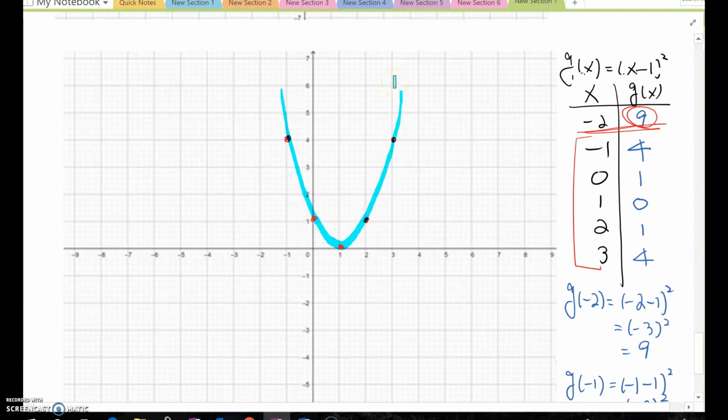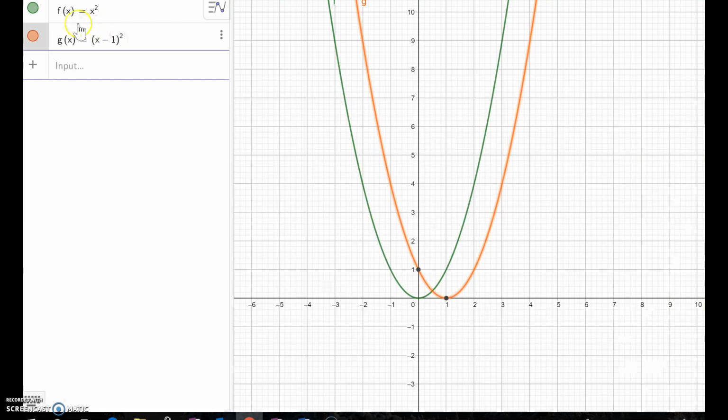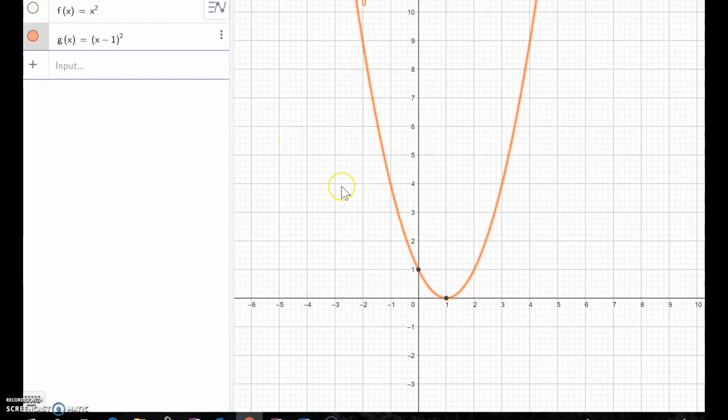Then the graph becomes like this. Okay? So look at the GeoGebra here. First of all, f(x) equal to x squared is this one, and then g(x) equal to (x minus 1) squared is this one. Do you see some difference here?